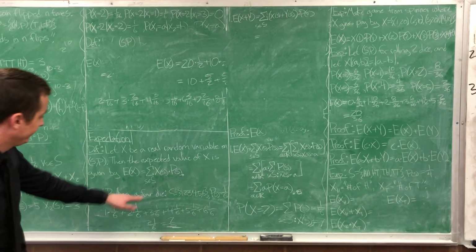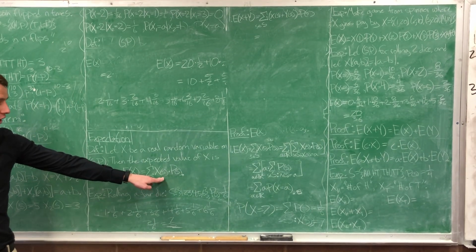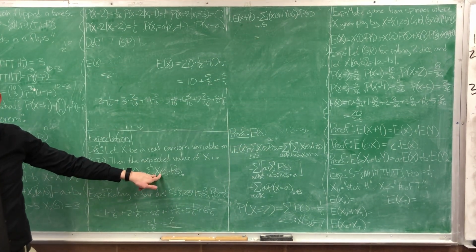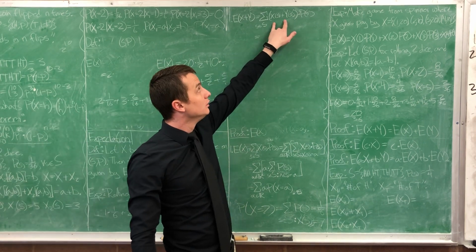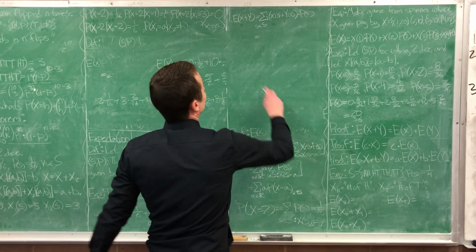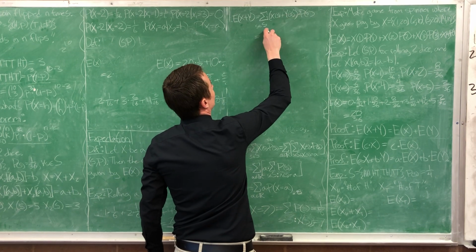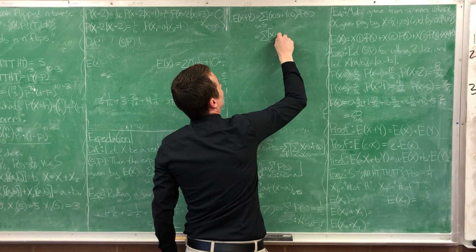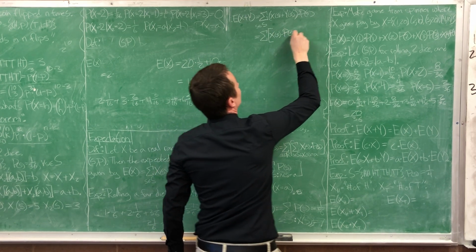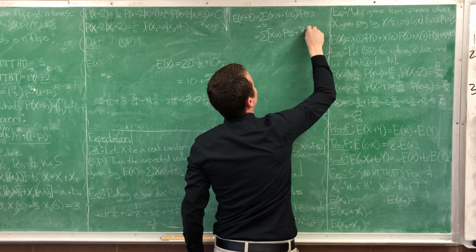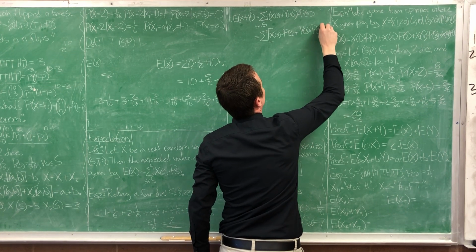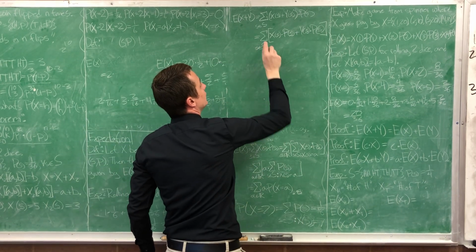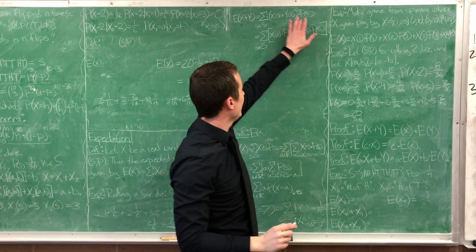That's just plugging it in exactly to the definition. Instead of my random variable being x, my random variable is x plus y. So replace the x here with an x plus y. Now this is equal to, distribute this over these 2 terms. This is equal to the sum of, put square brackets here, x of s times p of s plus y of s times p of s. Same sum for all little s in big S. Just distribute that over those.